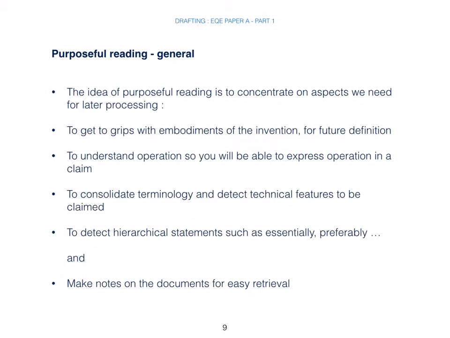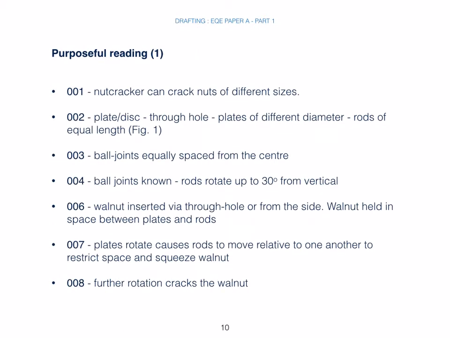Let's now go through the client's description. Let's brush through the description paragraph by paragraph. On the slide I have put down some notes of points I have extracted and which I thought were worthy of making notes.